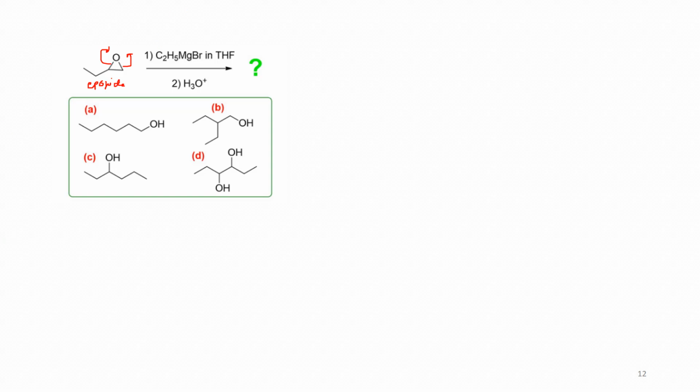So what will form? In this case, this EtMgBr will attack the less crowded center, because one carbon has an alkyl group, so there is steric hindrance, whereas the other does not have any alkyl group and is less sterically hindered. So it will attack the less crowded carbon center and the ring will open up.